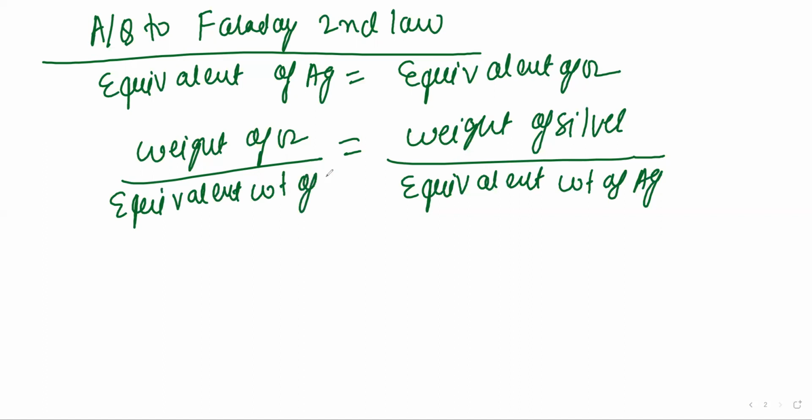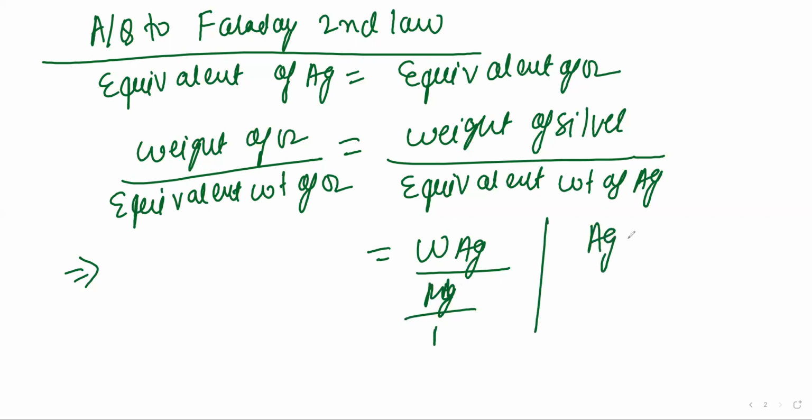So write here weight of Ag divided by equivalent weight, which is molecular weight upon factor 1, because silver dissociates into Ag plus and 1 electron comes out. So factor here is 1.